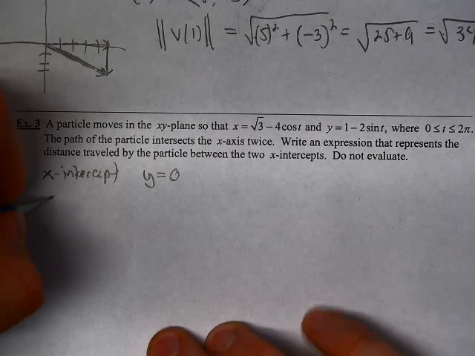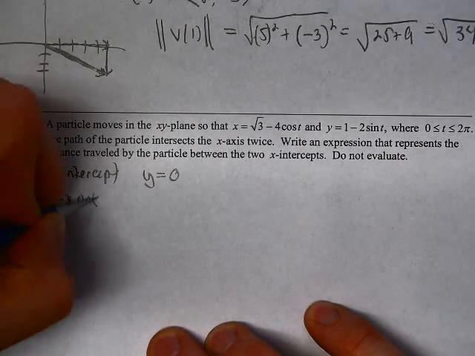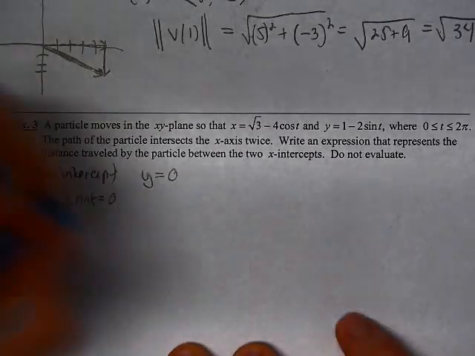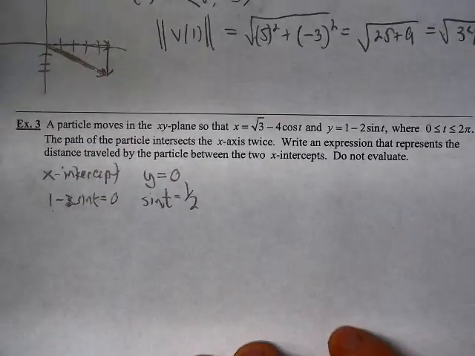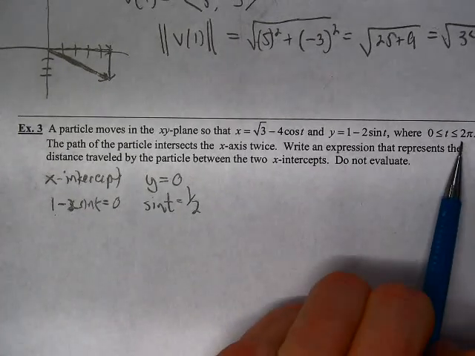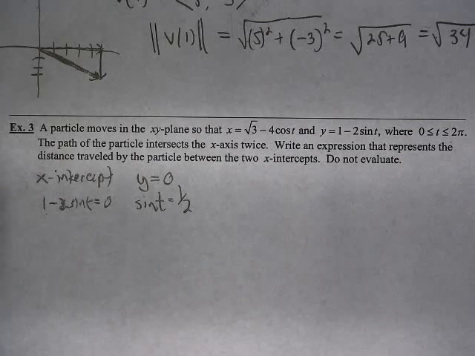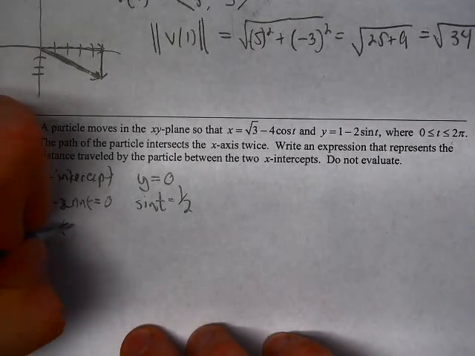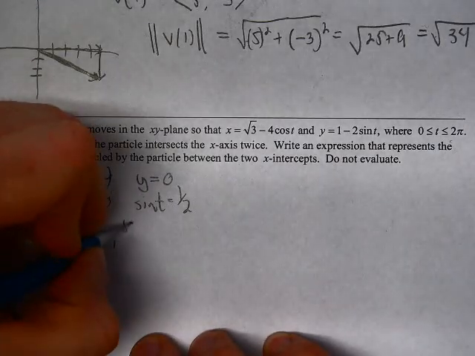So we can set 1 minus 2 sine t equal to 0. And that's going to be true when the sine of t is equal to a half. And we're going to look between 0 and 2 pi. So when the sine of t is equal to 1/2, we know that's the case when t is pi over 6 or t is 5 pi over 6.